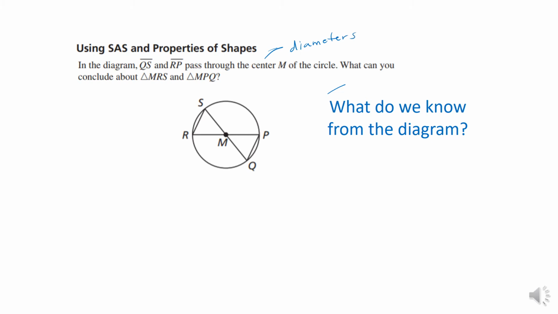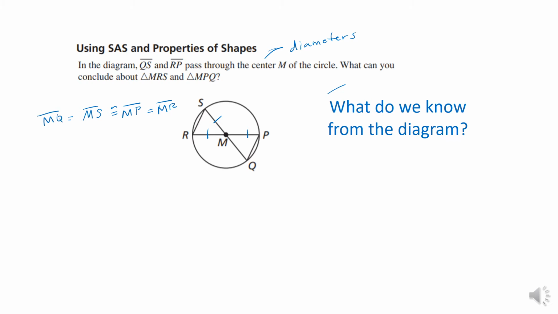Well, the first thing I want to say is that MS is congruent to MP, okay, and also congruent to MR, and also congruent to MQ.